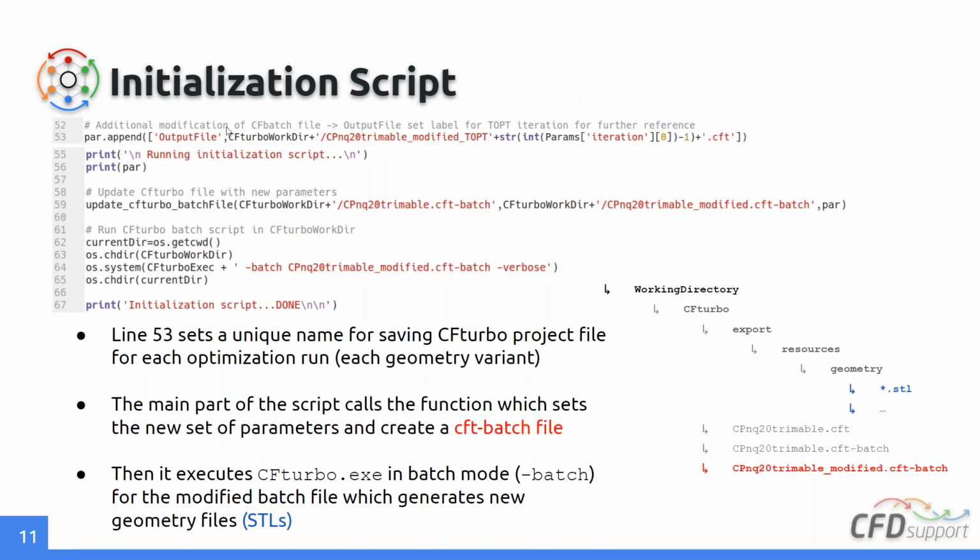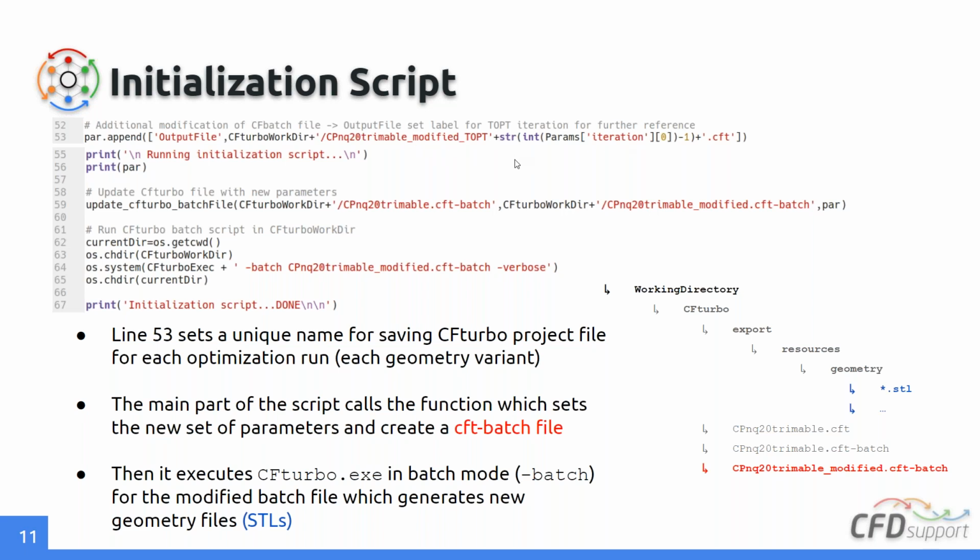So the last lines of the script basically do the main job. First there is, let's say, a specific modification, because in the XML file there is a name of the output file. So if CFturbo triggers the batch file, it will create the new project file with the new parameters. So for each run we define a specific name for it.